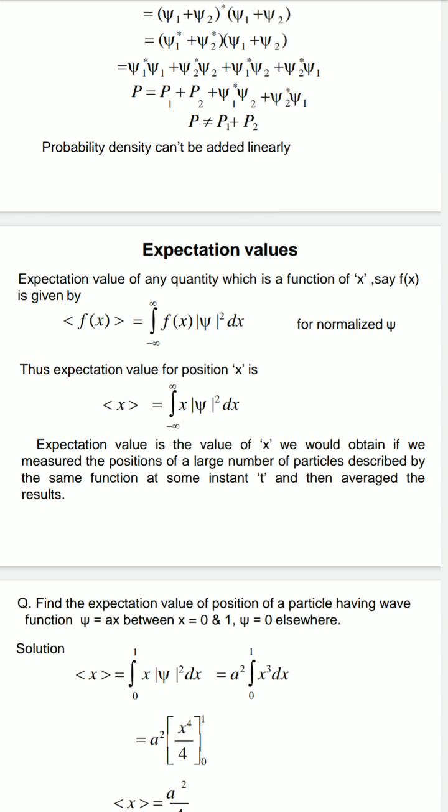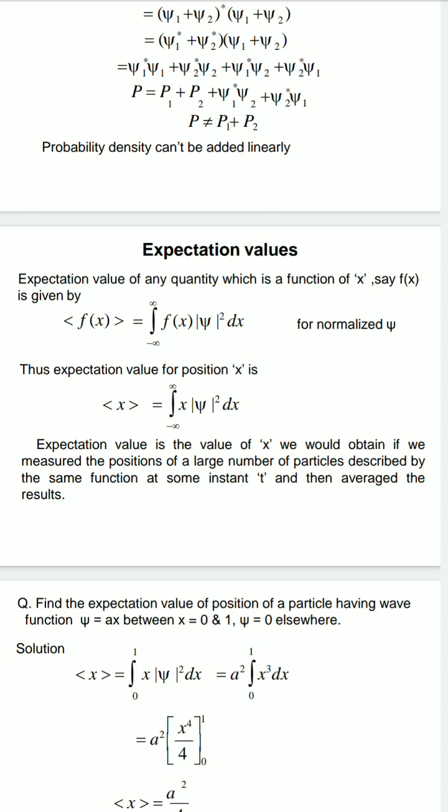If you have a number of particles, instead of one particle, you do the position measurement of a large number of particles at an instant t, repeat many times, then average it, and the results will give you the position expectation value.